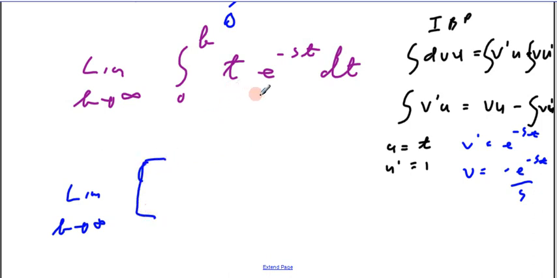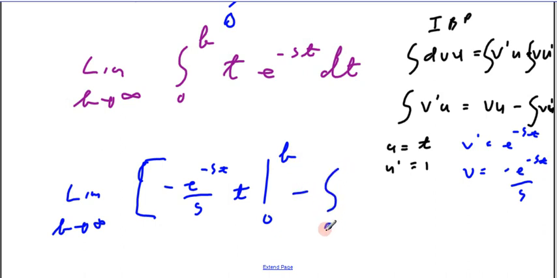I got t, I want v, minus e to the minus st over s, times u, which is t, evaluated at 0 and b, minus integral 0 to b of v, minus e to the minus st over s, times u prime, which is 1, dt.